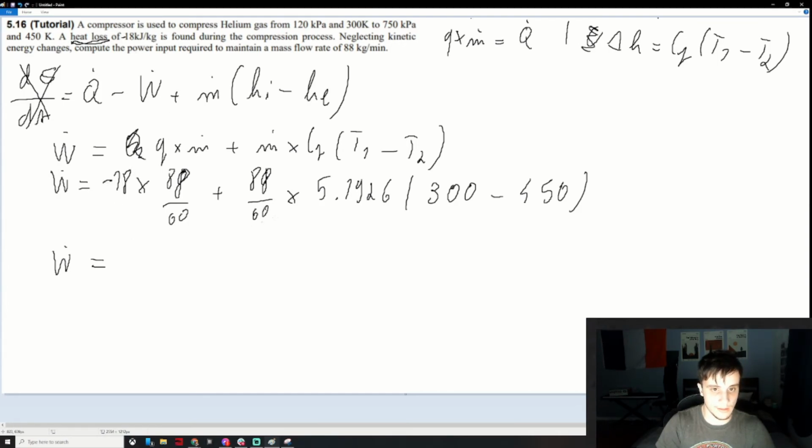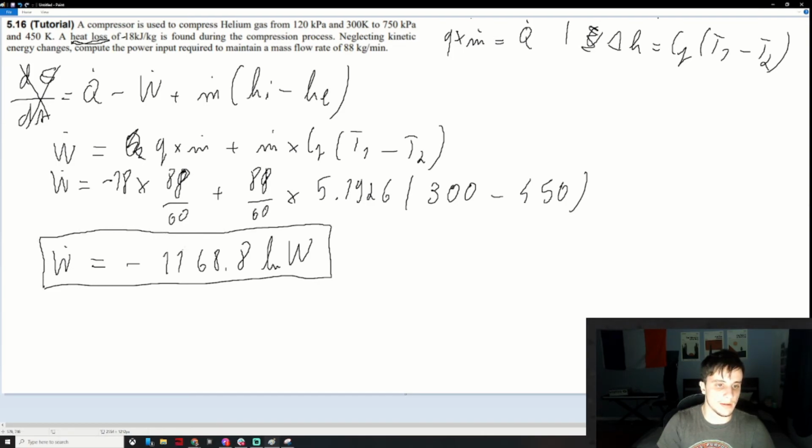So we can see that the heat transfer is making us lose energy, power, sorry, and that the enthalpy change is actually doing the same, because it's 300 minus 450. That's going to result in something negative. So we'll get minus 1,168.8 kilowatts. In other words, what we could say is that this system is dissipating 1,168.8 kilowatts of power. Okay, so that was a simpler exercise.